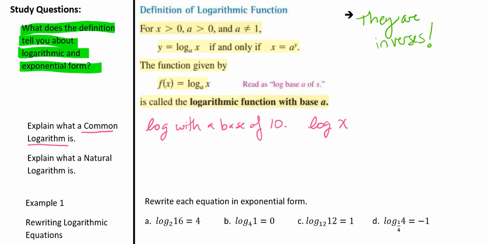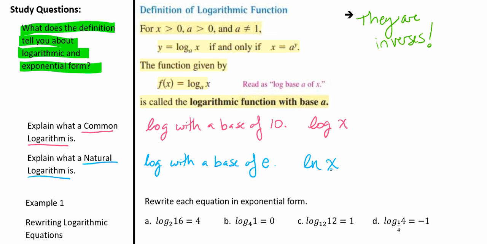We can just write log of x. Now, the natural logarithm is a log with a base of e, and to write this, we write the natural log of x. Notice that here it's ln of x.